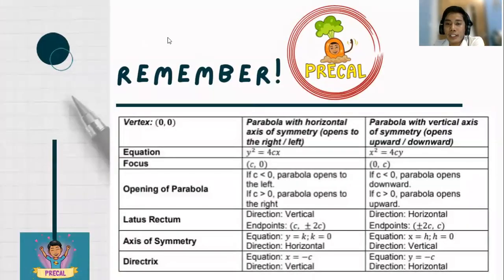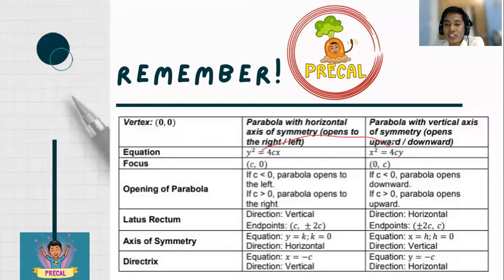So as a summary, the standard equation of a parabola which opens to the right or left is this one. Notice that y is squared and x is linear. In the formula, you can see the value of the latus rectum. When it is a parabola which opens upward or downward, then the quadratic part is the x part, while the linear part is y.